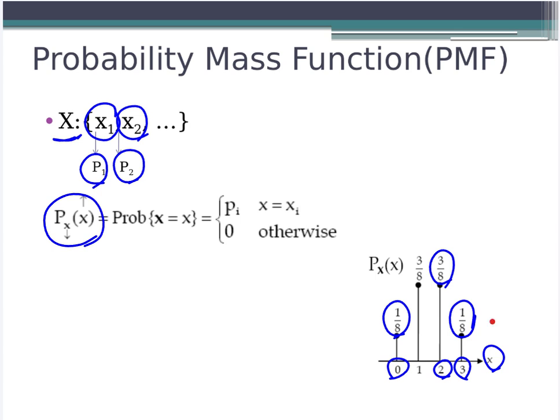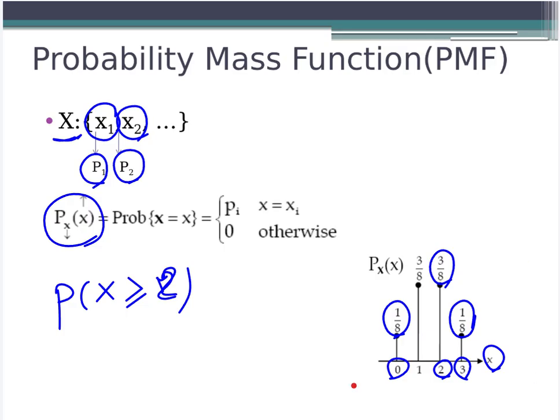In this example, suppose that we ask you to compute the probability of this event: the probability that the random variable X is greater than or equal to 2.